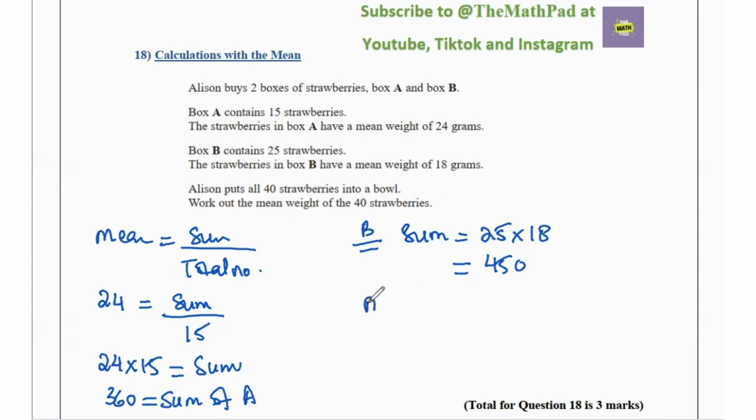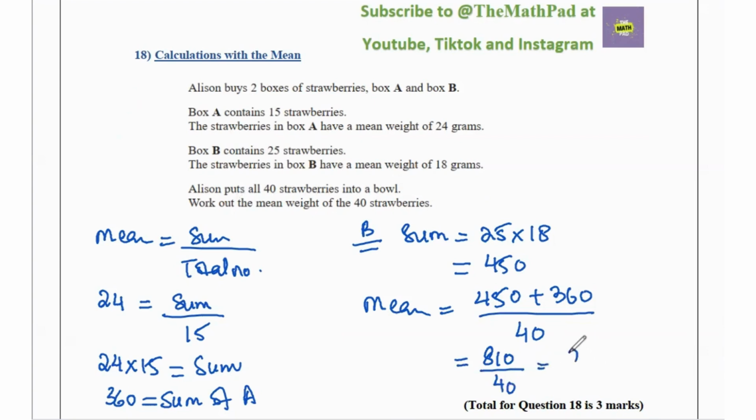So for the sum, we add 360 and 450 because that's the total weight for the 40 strawberries, and then divide by the total number of strawberries, which is 40. So 360 plus 450, which is 810, divided by 40 equals 20.25 grams. That's your mean weight of all of the 40 strawberries.